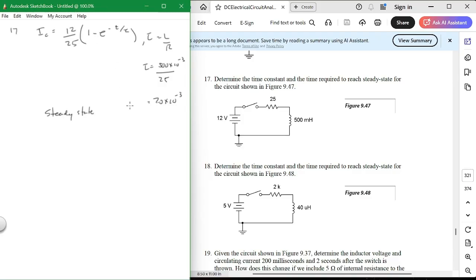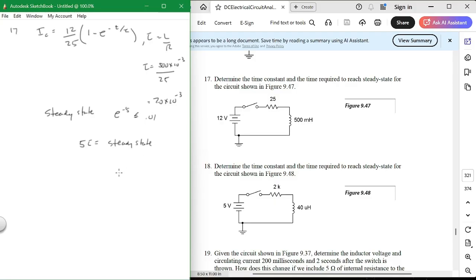If you do this equation with e to the minus 5, you get less than 0.01. You consider 99% steady state. So e to the minus 5, so if you said 5 tau, you have reached steady state. You've reached its final destination.